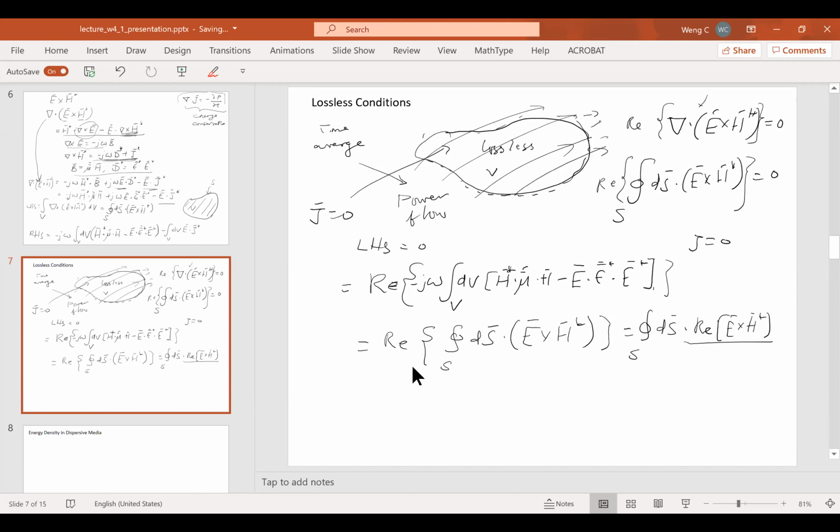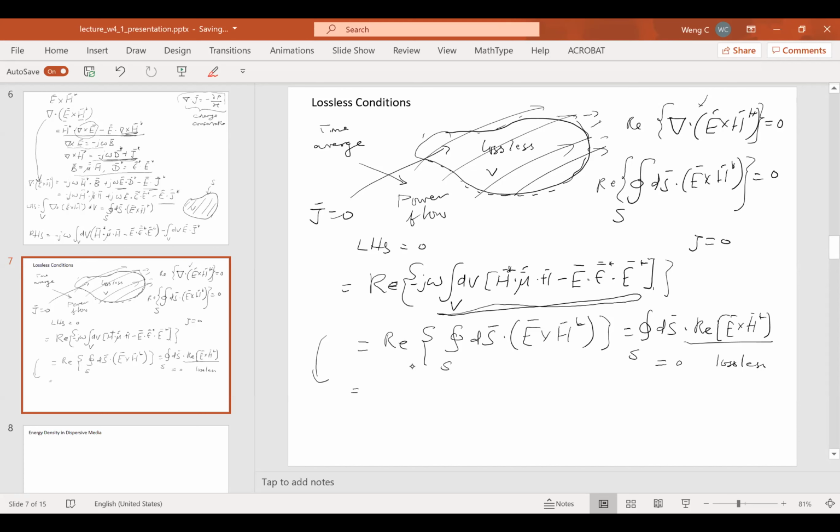a closed surface. So if the medium is lossless, this should integrate out to be zero. So our question is, when would this be zero? Well, this would be zero if whatever we have in here is completely real.